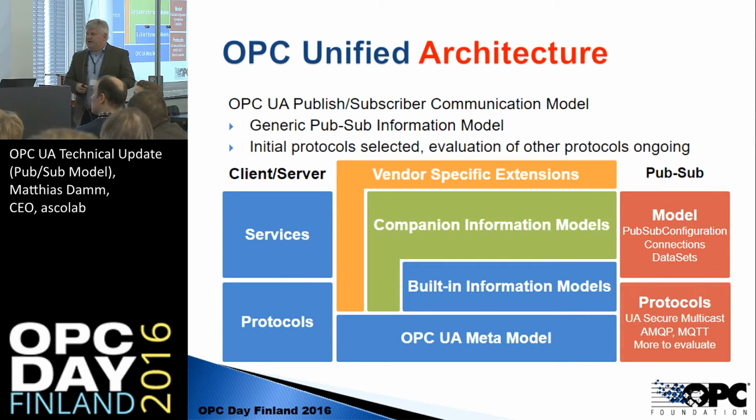And then we work on different transport protocols to then transport the OPC UA data in an OPC UA format or even in a JSON encoded format that can be consumed by non-OPC UA applications.